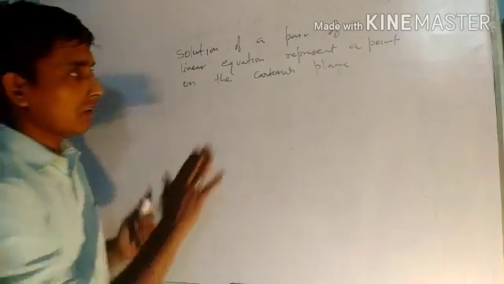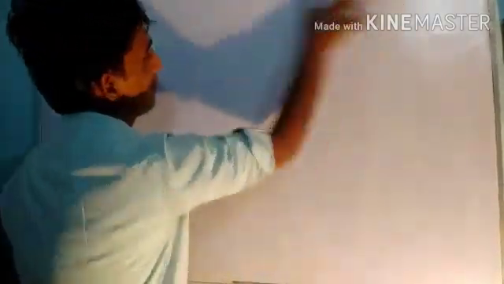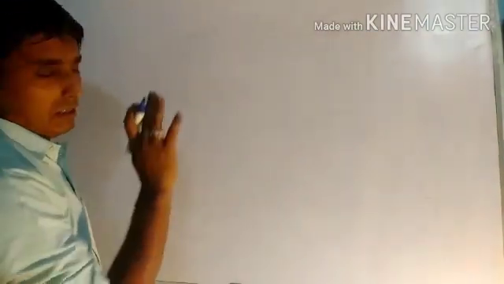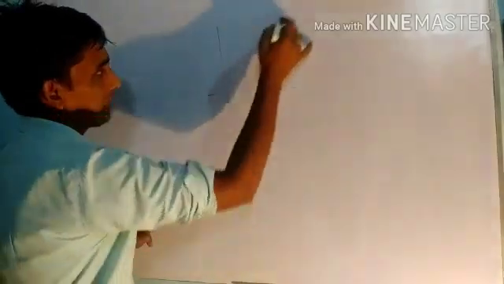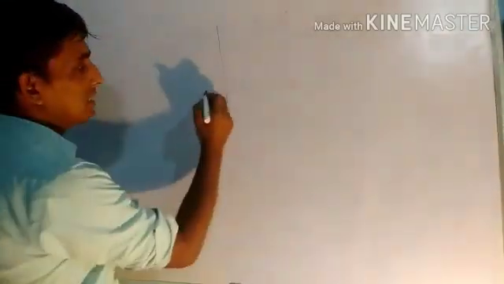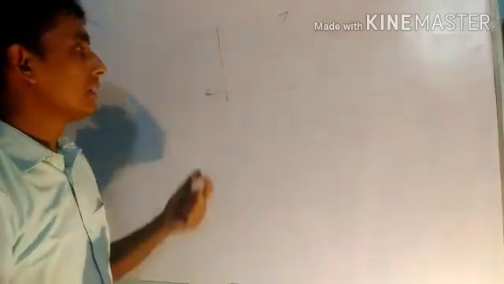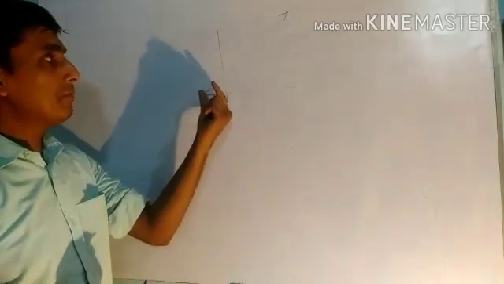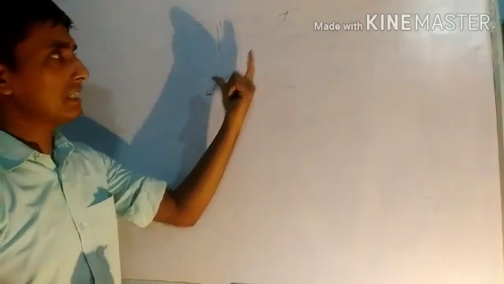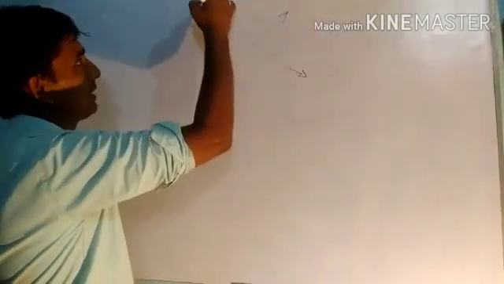So in this chapter we have to learn about drawing graphs. First of all, the graph of a linear equation is a straight line. We have already learned in the previous chapter that the graph of a linear equation is a straight line. Suppose the graph of one linear equation is like this, and the graph of another linear equation is like this.